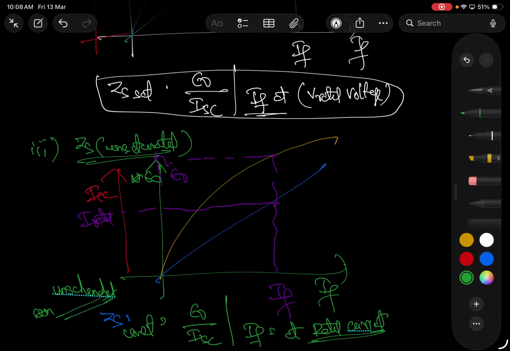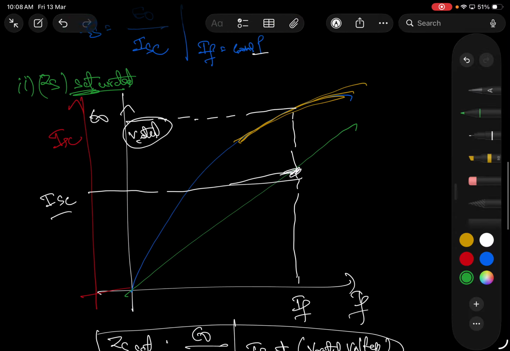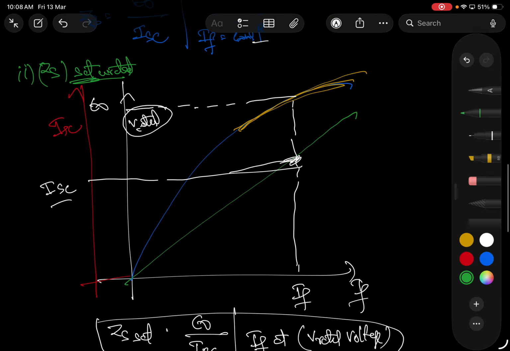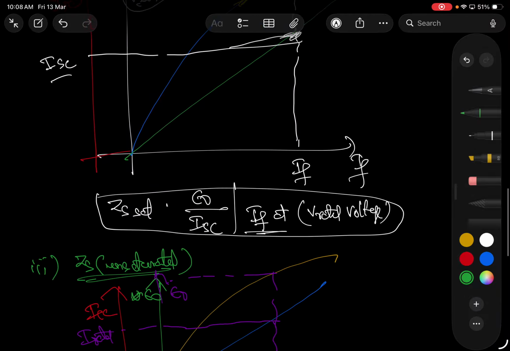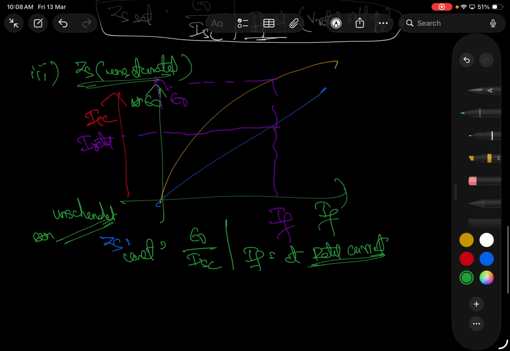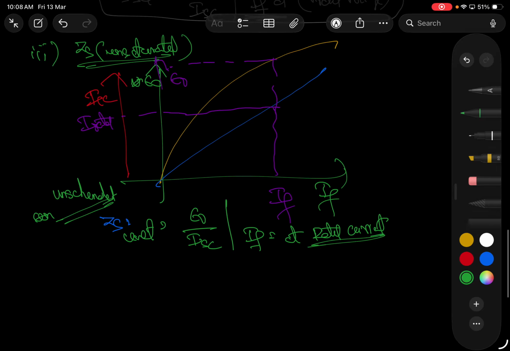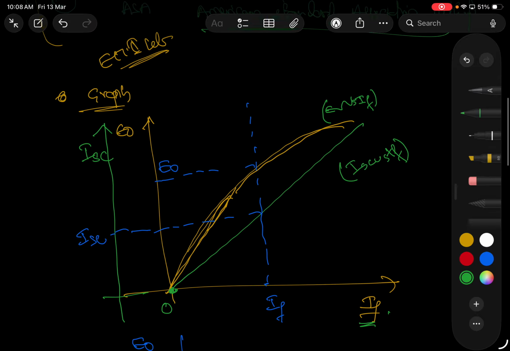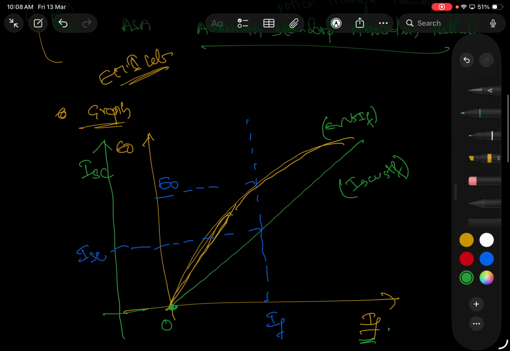This is how we are going to calculate the ZS value, saturated or unsaturated, or if nothing is given in the question, then you can select any value. If they specify ZS saturated, you have to consider the rated voltage as a reference. If they say ZS unsaturated, then I need to select the rated current as a reference. If they don't specify anything, take any random value and draw the corresponding voltage by current here.